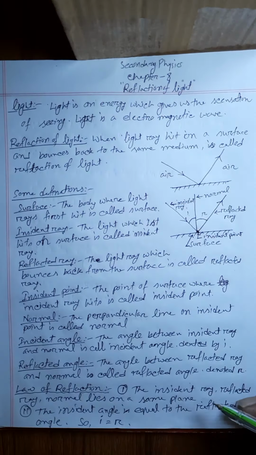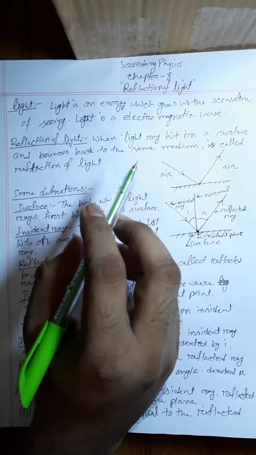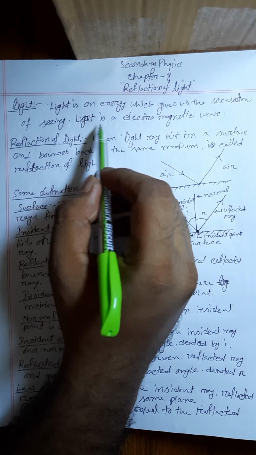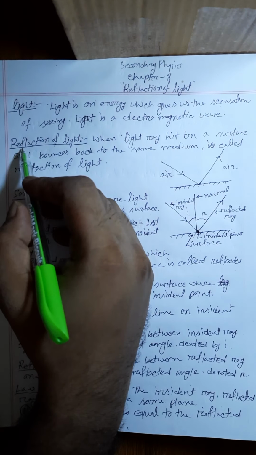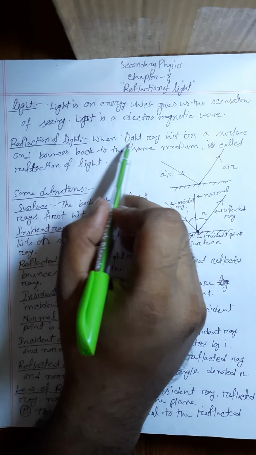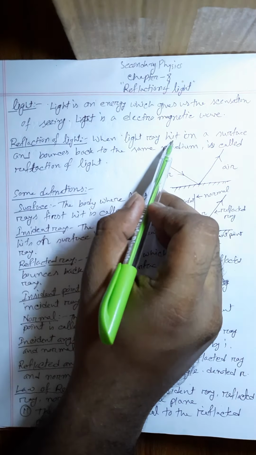Light is an energy which gives us the sensation of seeing. And also, light is an electromagnetic wave. Okay. Then, what is reflection of light? When a light ray hits on a surface and bounces back to the same medium, it is called reflection of light. This is the surface. Light comes, it bounces back to the same medium. That's the air medium. This is called reflection of light.